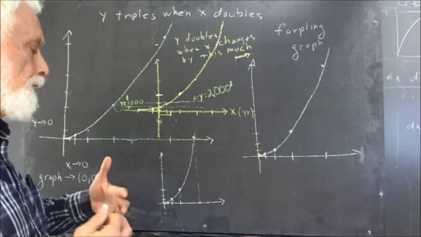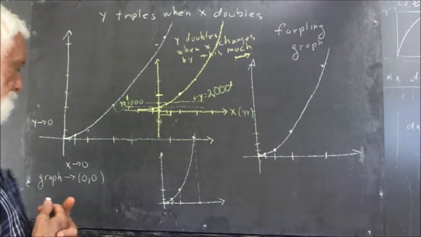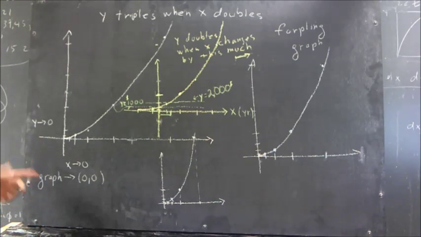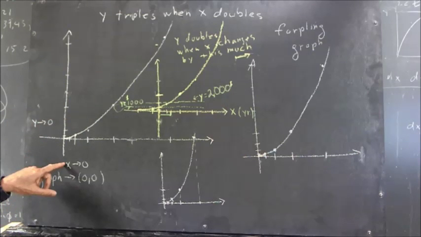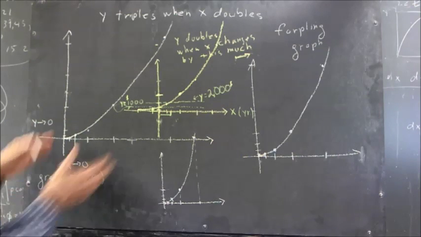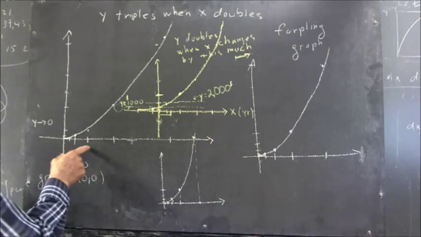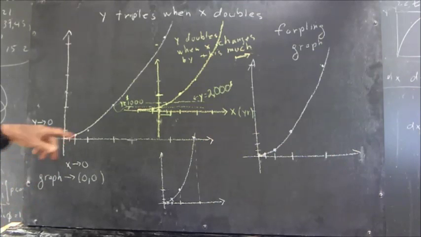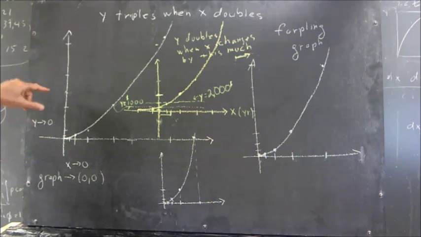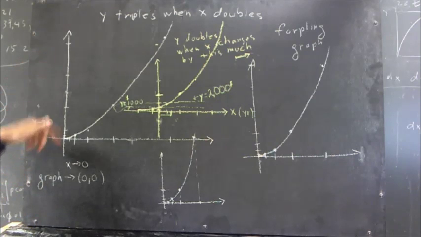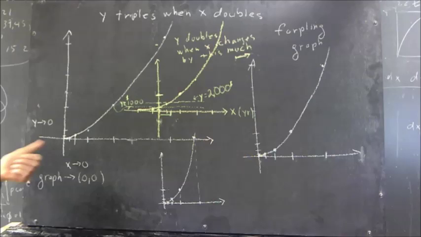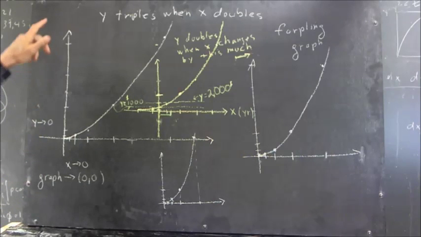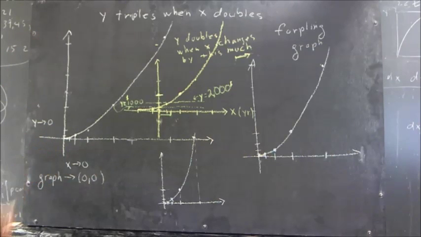But these values approach zero very quickly. So what I said over here in terms of this graph is, well, certainly x is going to approach zero. You see up here where we were cutting the x in half and half and half and half and half, and we could have done that a couple more steps. And as we were moving toward the origin, we were cutting our y by a factor of 4. Well, clearly, that's going to make the y values approach 0 as the x values approach 0.